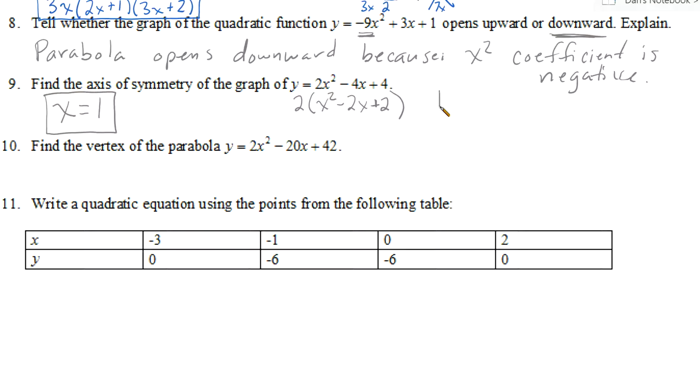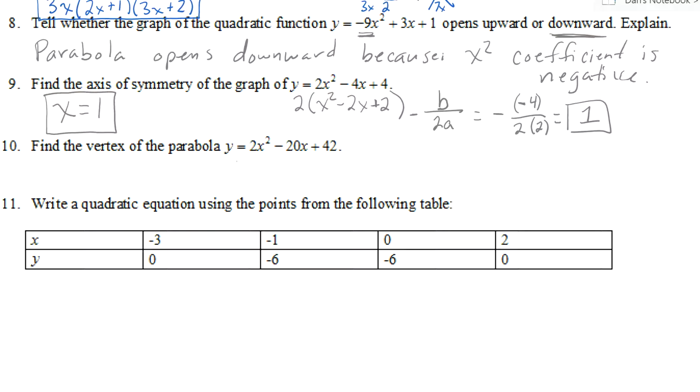Think about your quadratic formula, you can do negative b over 2a, which would give you negative negative 4 over 2 times 2. And that is 1. Right? So 2 times 2 is 4. Negative 4 over 4 is negative 1. Negative in front makes it a positive 1. So that's another way you can do it algebraically.